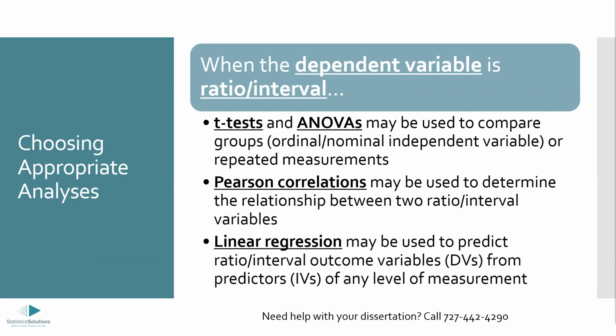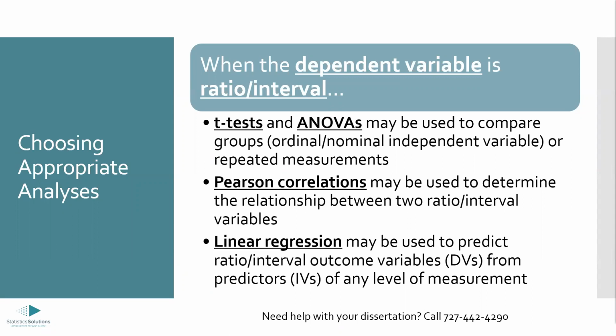So let's talk about analyses we can do when our dependent variable is either a ratio or interval level of measurement. When the dependent variable is ratio or interval, we can use t-tests and analysis of variance to compare groups or repeated measurements of a variable.